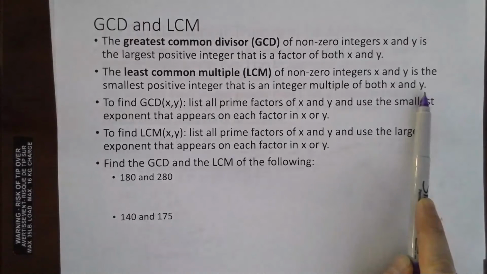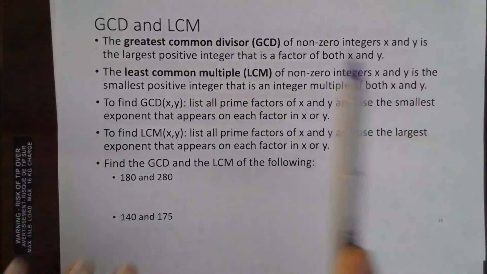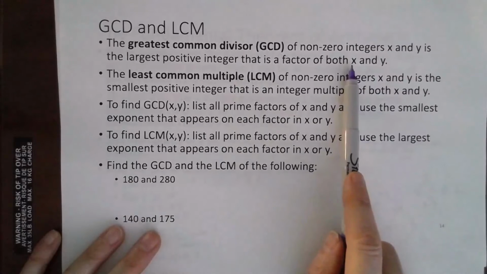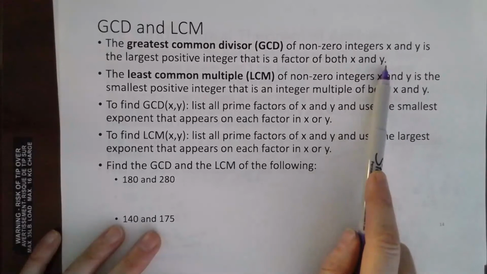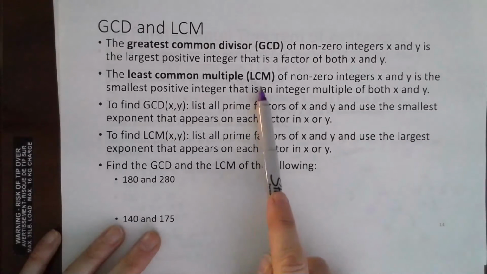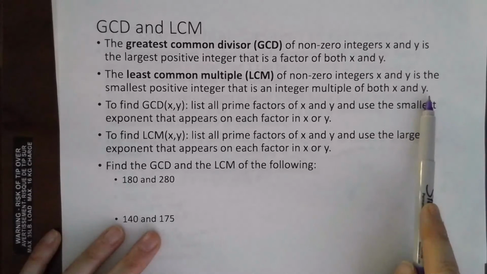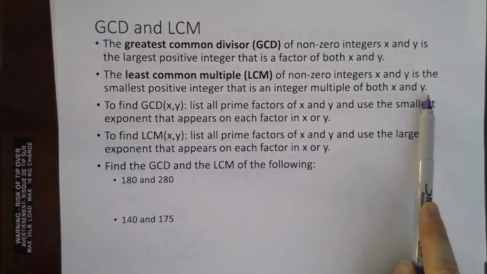So that's one way to help you remember if you get confused between them. The greatest common divisor has to be less than or equal to the smallest of x and y. And the least common multiple has to be greater than or equal to the largest of x and y. So that can help you make sure that you don't get them mixed up.